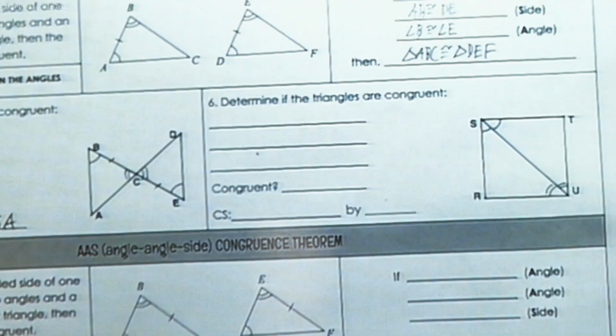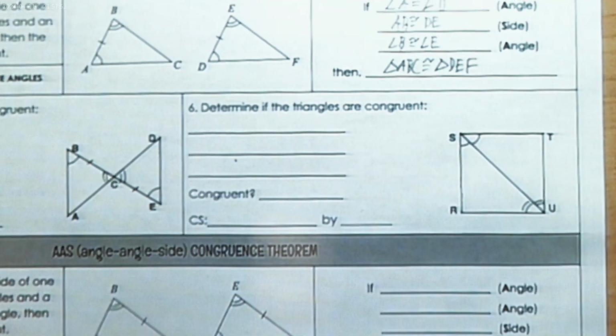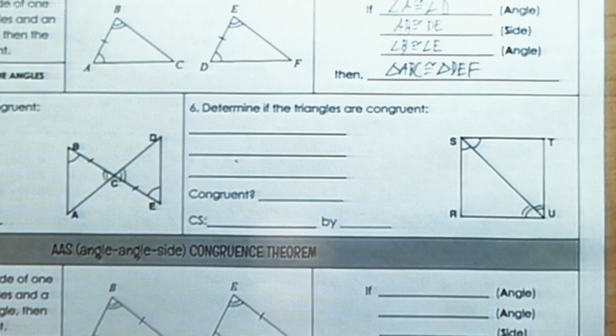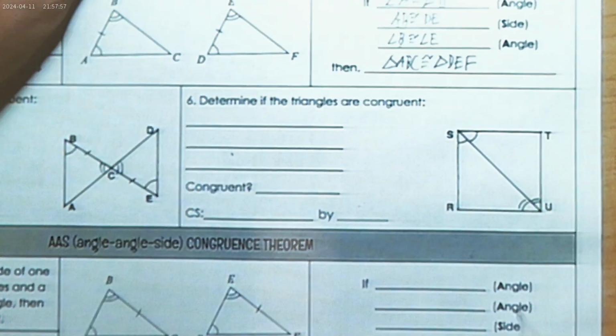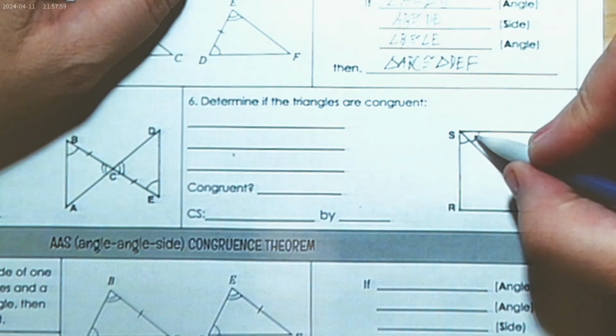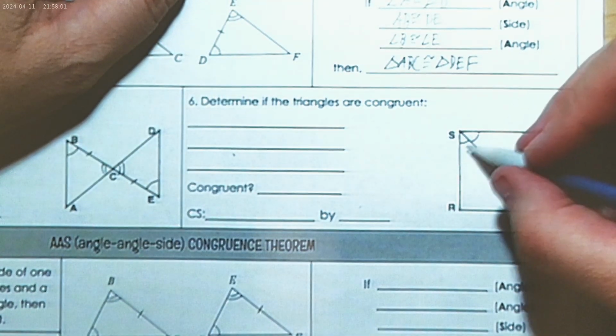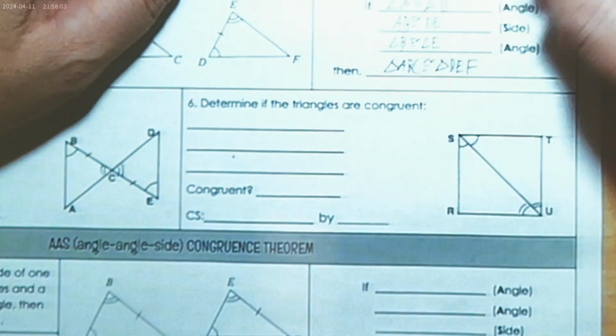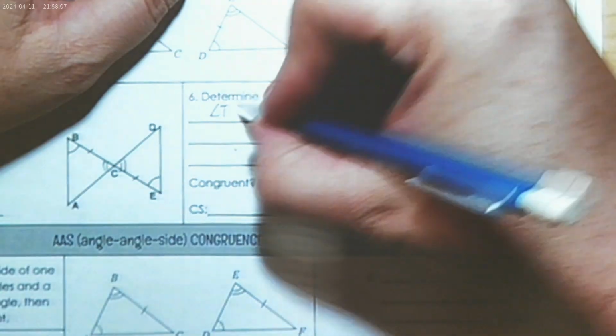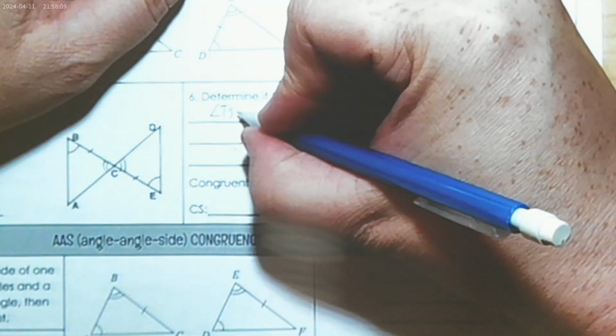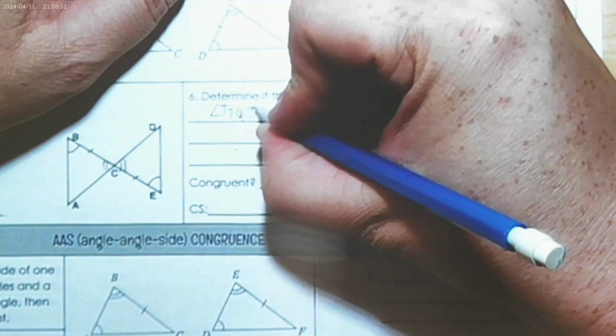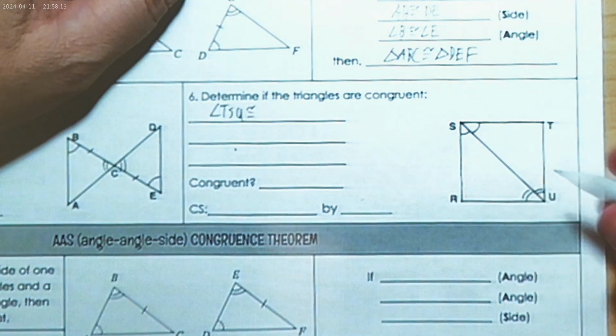All right. So here we have: determine if the shapes are congruent. I've got one angle that is congruent to another angle. So I've got to be a bit more precise with these angles. I've got angle TSU, that's going to be congruent to angle RSU.